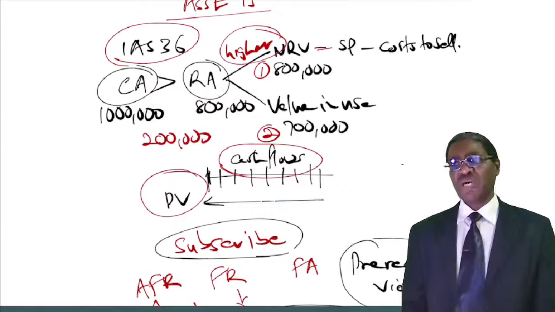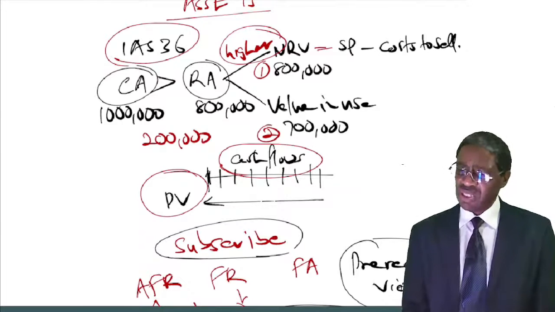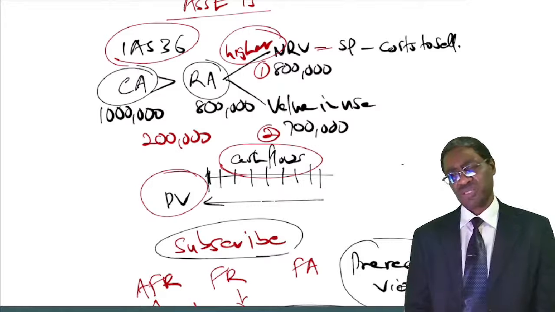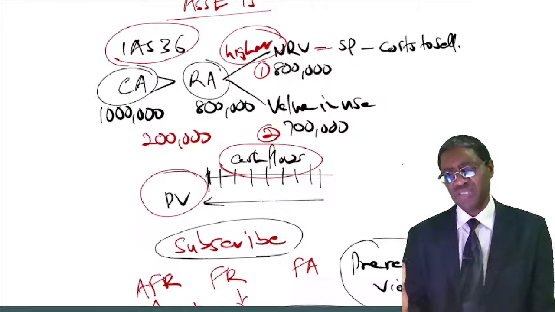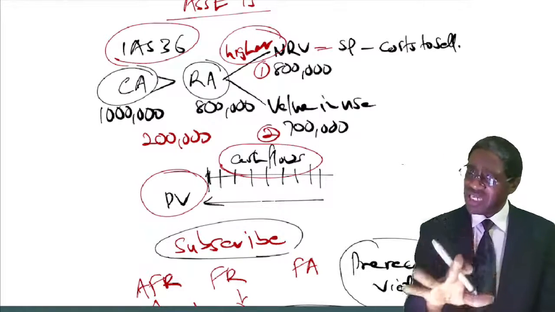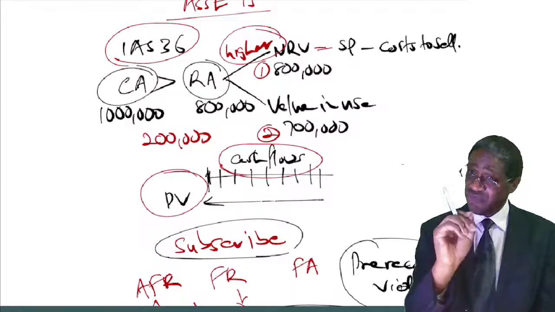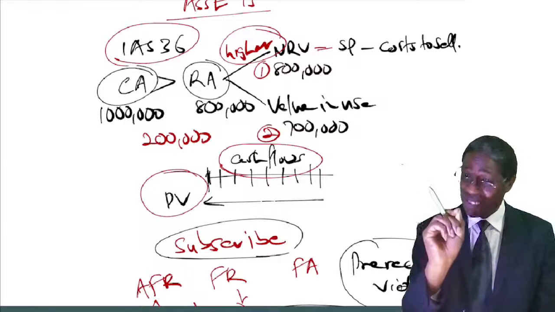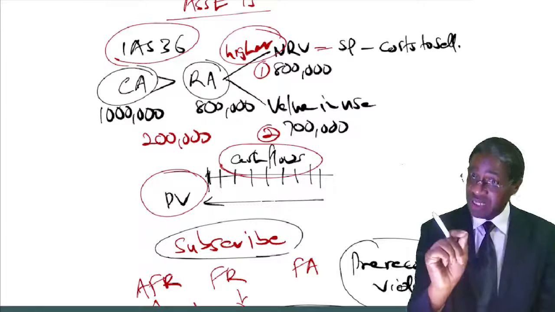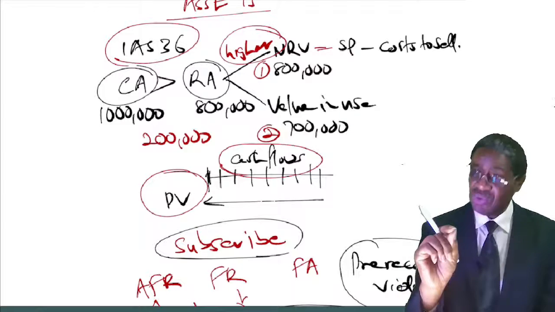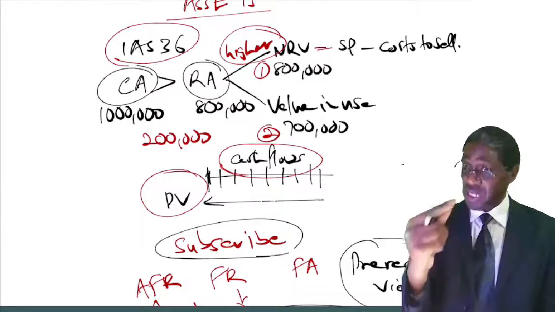But now, under IPSAS number 21, we don't have cash flows. So how can you define it? Because under IPSAS number 36, when you are defining value in use, we normally say it is the present value of the estimated future cash flows.